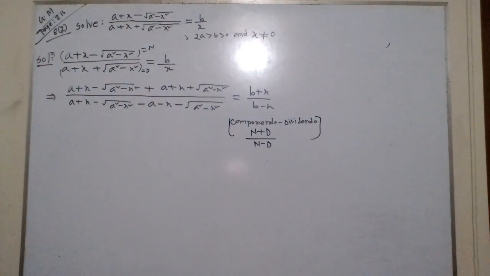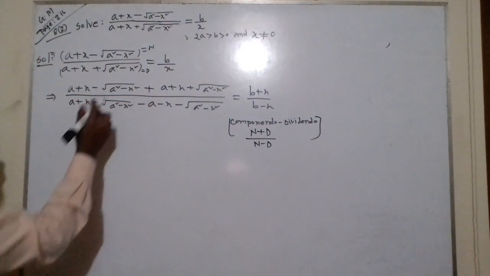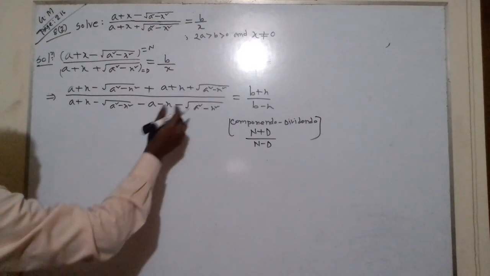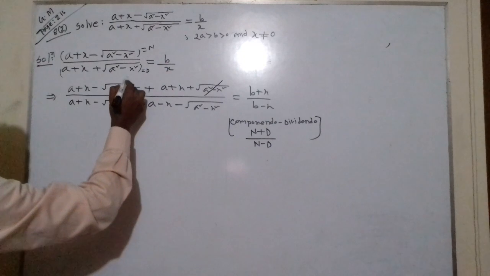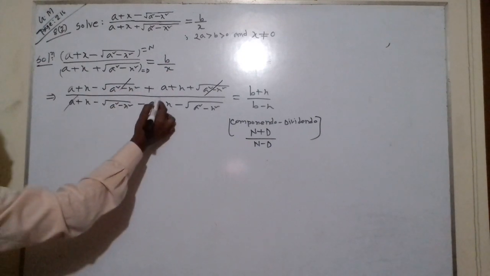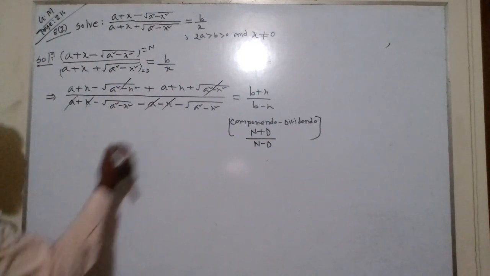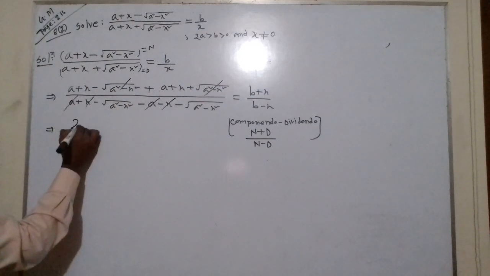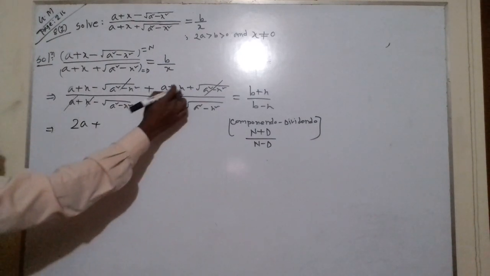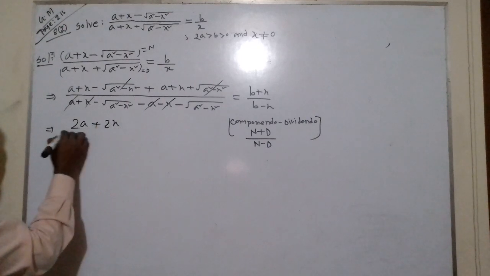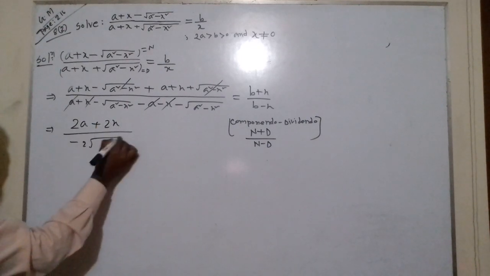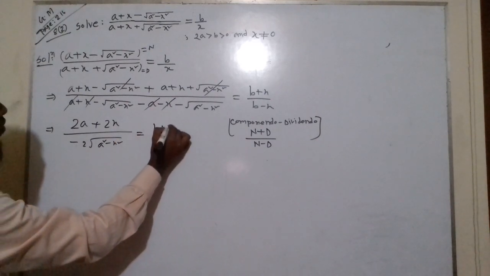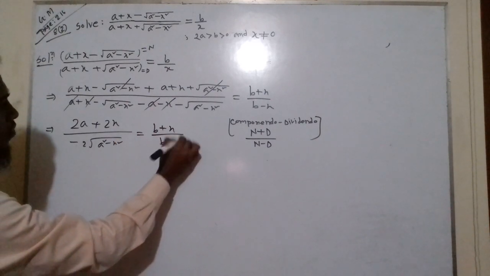Okay. Here we see that minus root over a square minus x square and plus root over a square minus x square are the same but opposite sign, so this cancels. Plus a plus x minus x are cancelled, so we can write a plus a, 2a, and x plus x, 2x, divided by minus 2 root over a square minus x square equal to b plus x divided by b minus x.